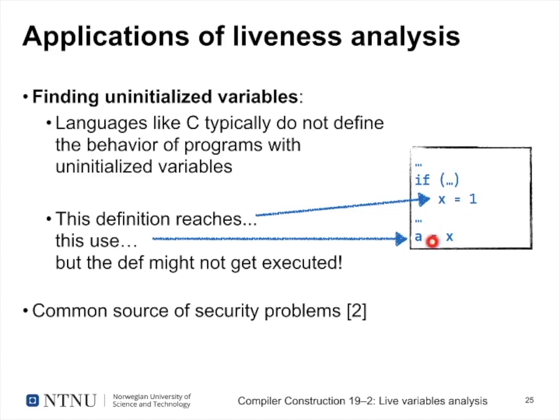So we might have runs through our program which just skip the if part here and then try to use the value of x without it being assigned first. So this is of course a common source of security problems, because we can't predict what value a will actually have afterwards in all cases. So we want to try to avoid this.